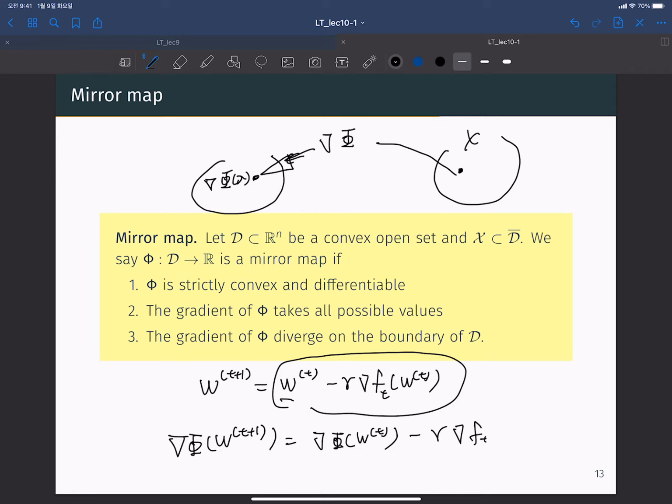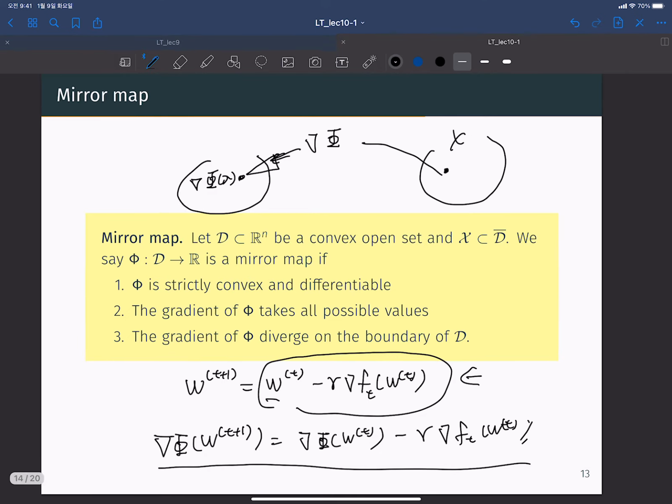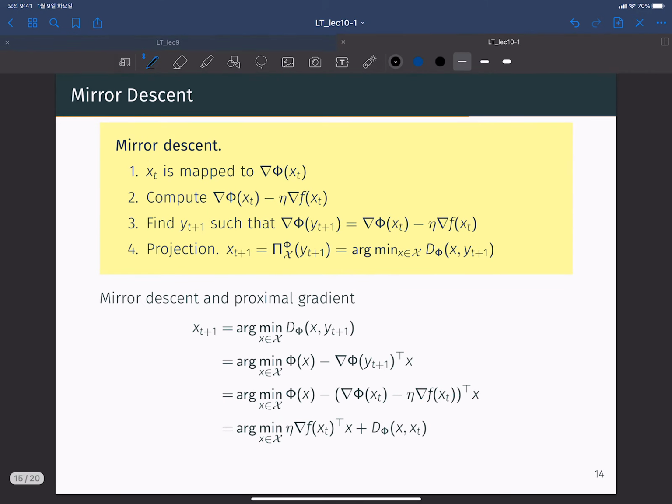like this. Okay, we update our gradient descent rule not in the original space but in the dual space. Okay, so this is the mirror map update rule, called the mirror descent approach.